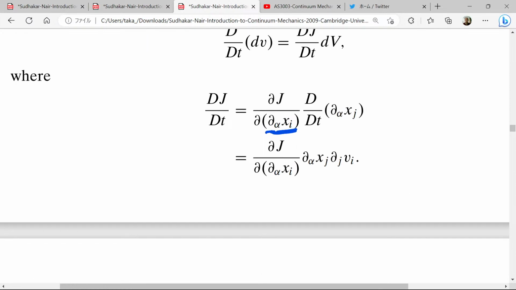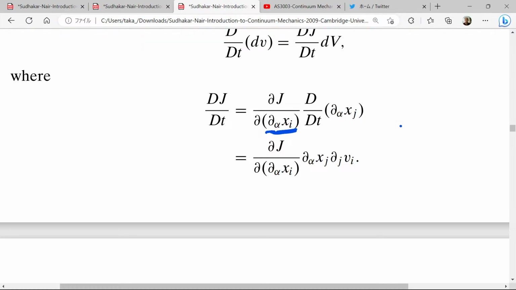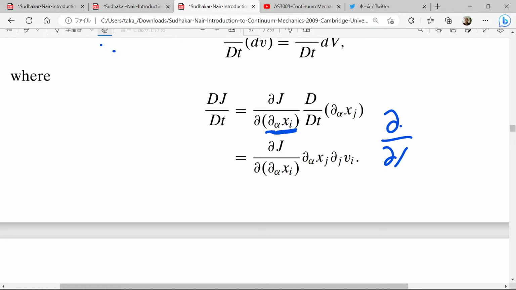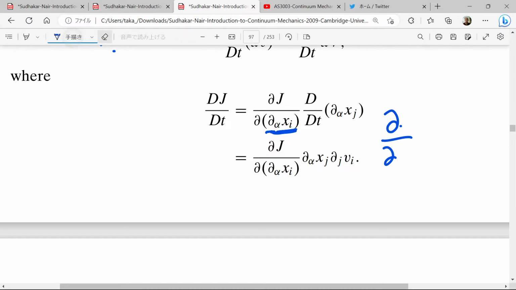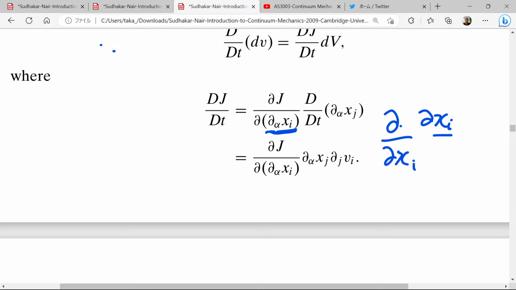So here we have this same thing. We have partial x. We have partial small x I, partial small x I, partial large x alpha.